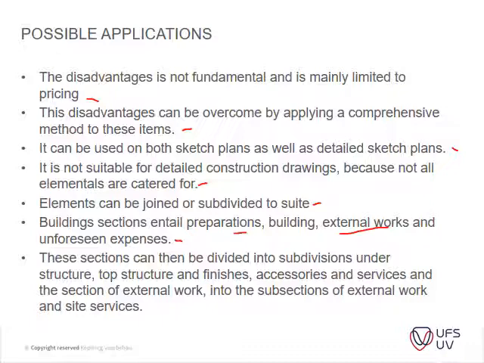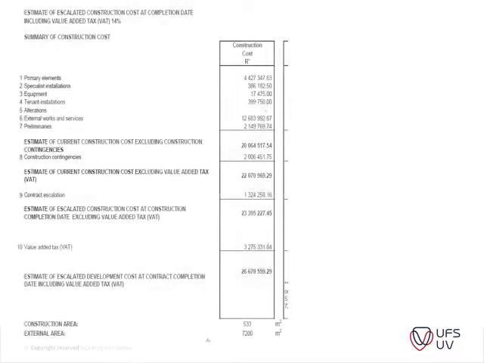These sections can then be divided into subdivisions under structure, finishes, accessories, services, and the section of external works into subsections of external works and site services, etc. Okay, so here's a little example of an elemental estimate.